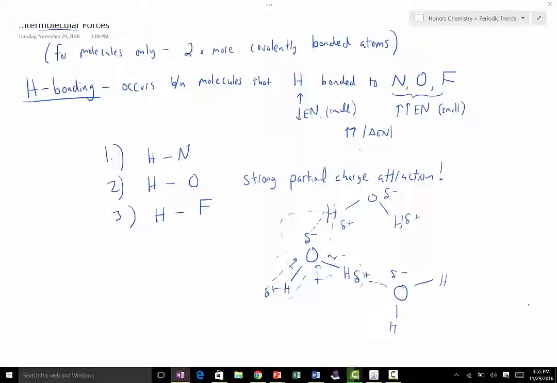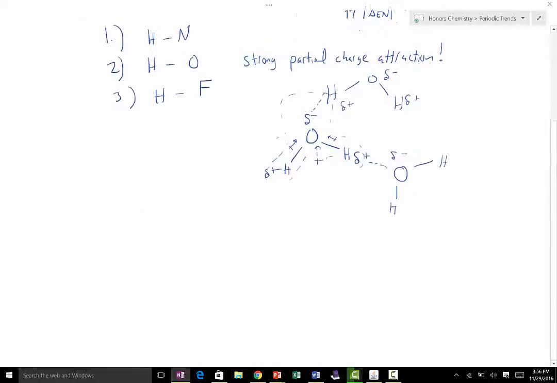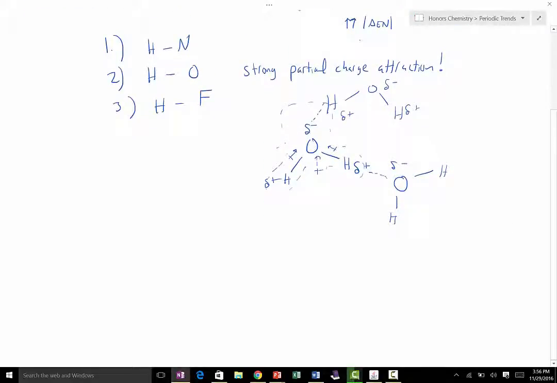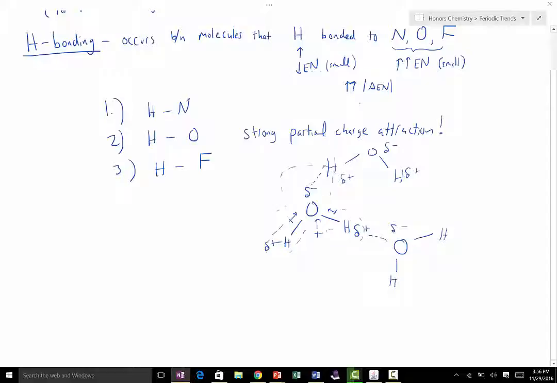Another type of condensing or intermolecular force that we're going to be looking at is hydrogen bonding, which is actually a type of intermolecular force.